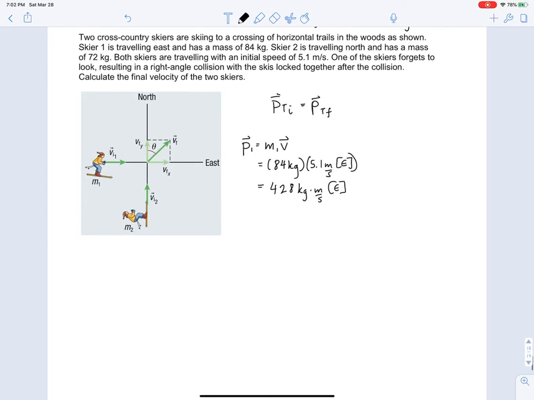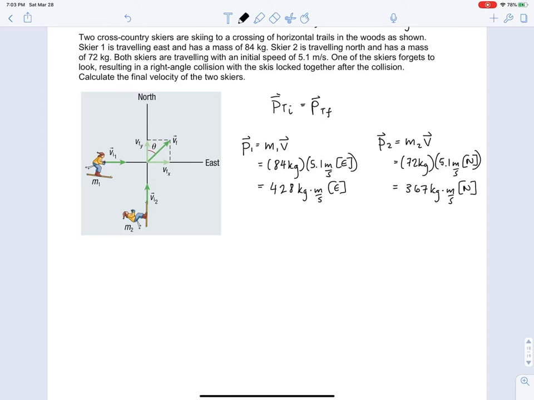And I'm going to calculate the momentum of mass number 2. Mass number 2, 72 kilograms, and the velocity is the same magnitude, but this time moving north. If you punch this in, we get 367 kilograms times meters per second in the north direction.